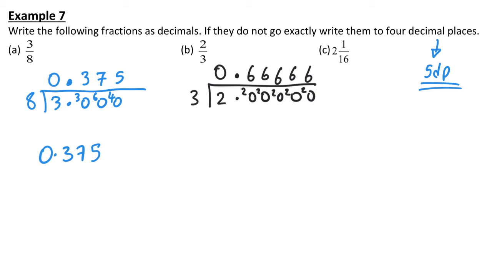We're working to 4 decimal places, which means we need to work to 5 decimal places to check with rounding.